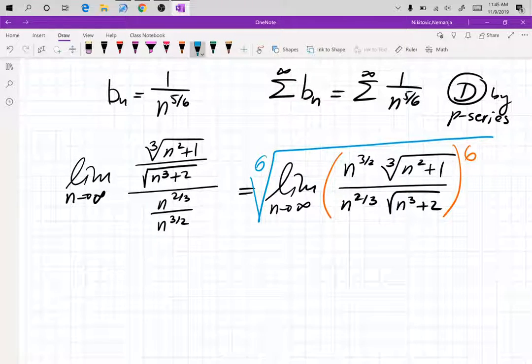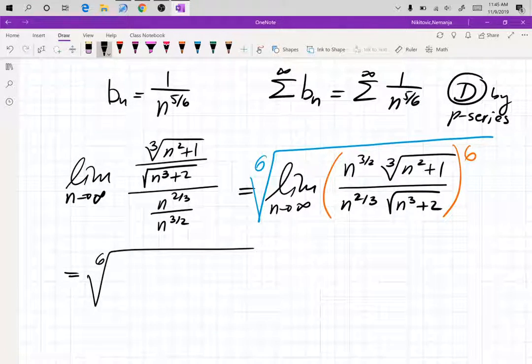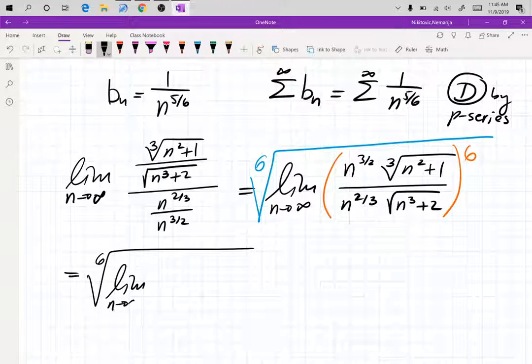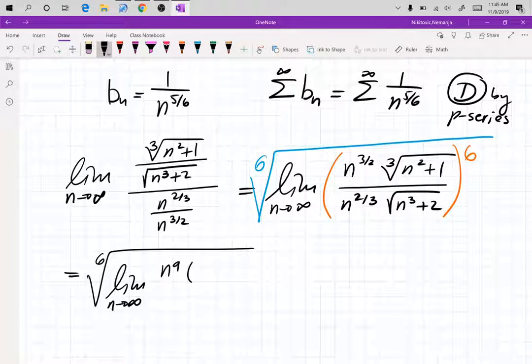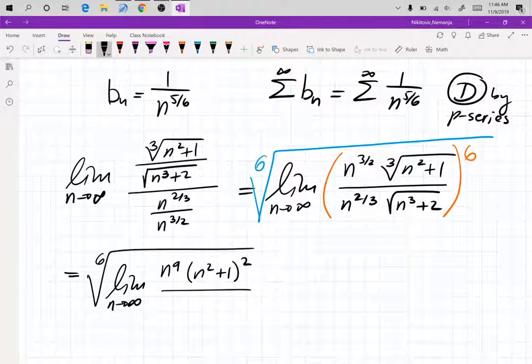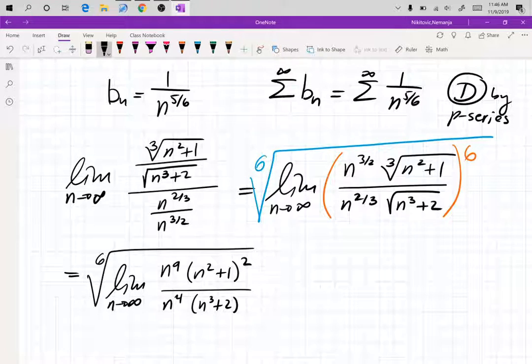I know, right? Imagine how I felt when I thought of it. So now 2 and 6 would cancel. We'll get n to the 9 times n squared plus 1 squared divided by n to the 4th, and then 6 and square will cancel. You'll get n cubed plus 2 cubed.